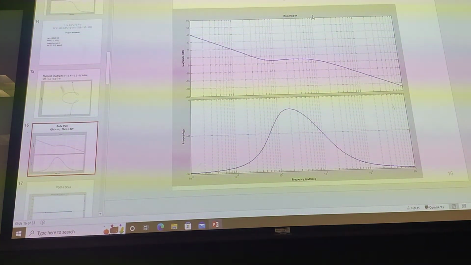Gain margin infinity, as can be seen here. The phase never reaches minus 180. So the gain margin is infinity. And the phase margin is the point where it cuts the 0 dB somewhere around here, again, around, not exactly, 130 degrees.